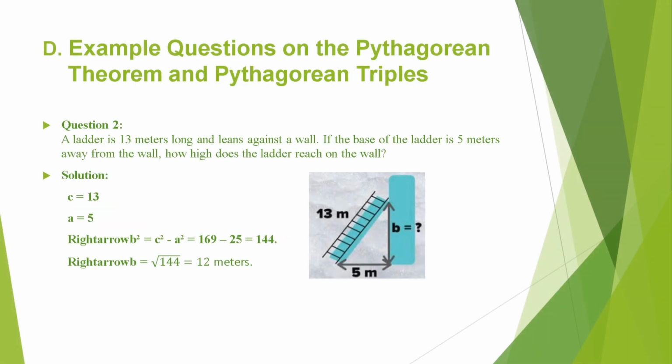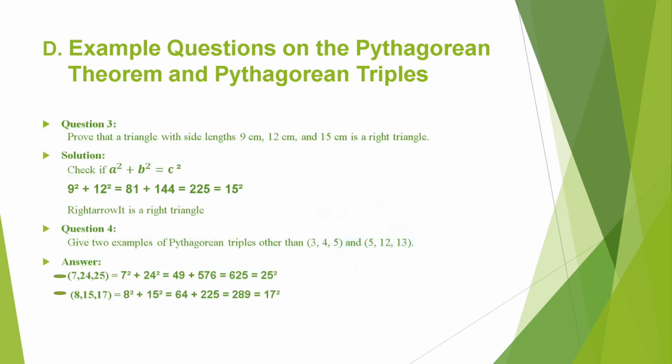A ladder is 30 meters long and leans against a wall. If the base of the ladder is 5 meters away from the wall, how high does the ladder reach on the wall? Solution. Friends, you can see how to do it by looking at the example I made. And this is question 3 and question 4.